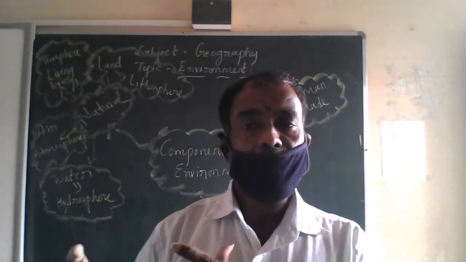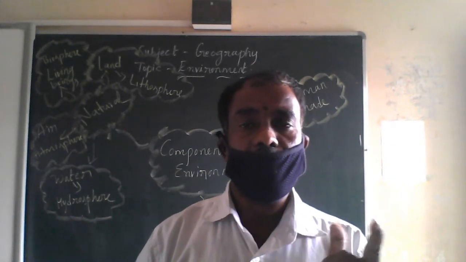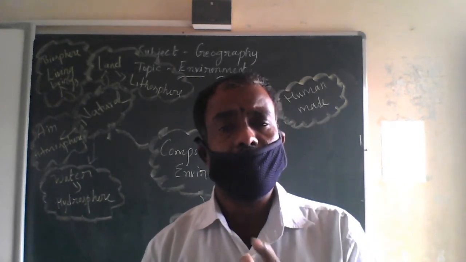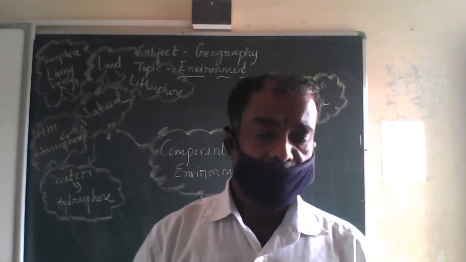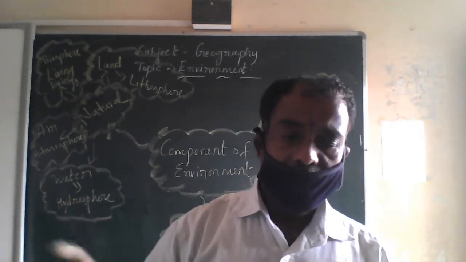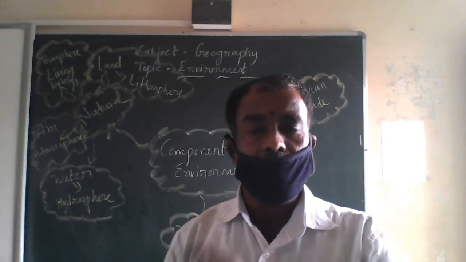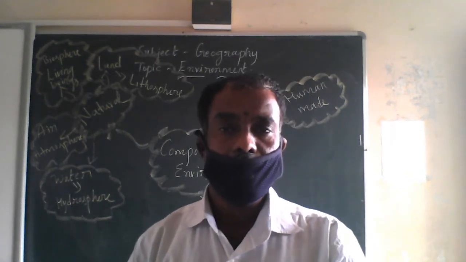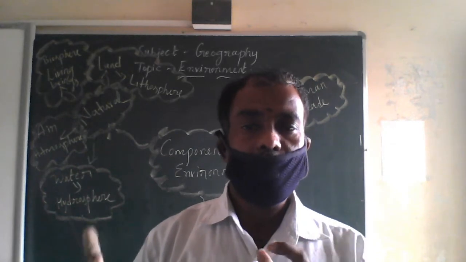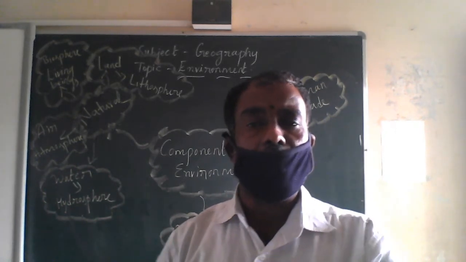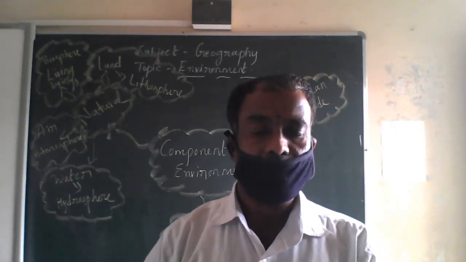Those who are following different religions, castes, communities, traditions, customs, and so on. After that, the human environment also includes the educational system: school, college, universities, medical, engineering, all kinds of education systems.